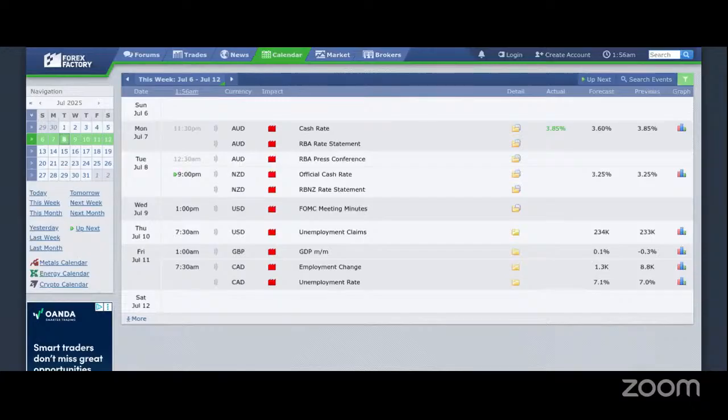So we're probably going to get some nice calls for that going into the session tomorrow, because that won't occur until about 9 p.m. It's probably going to be a little bit of consolidation after that and give us some opportunities on those 6 Forex pairs for tomorrow's live.